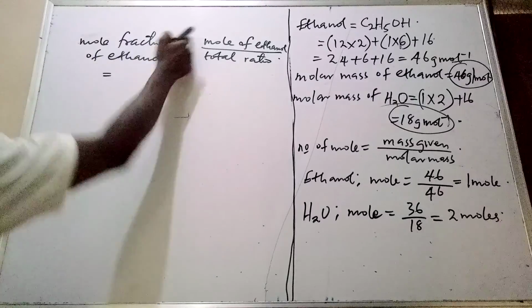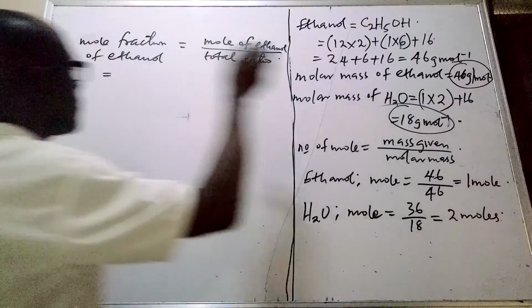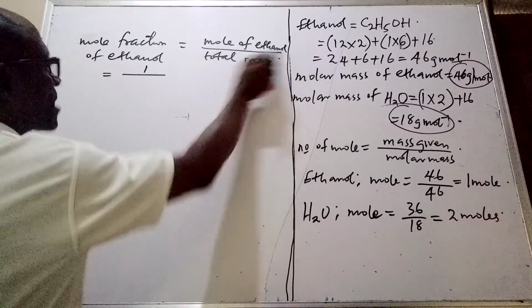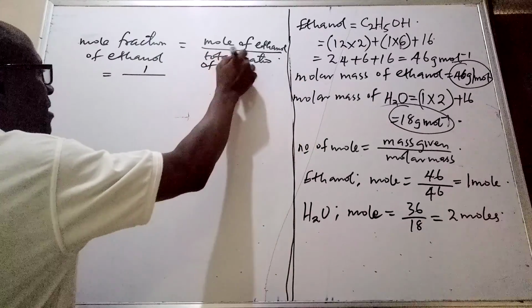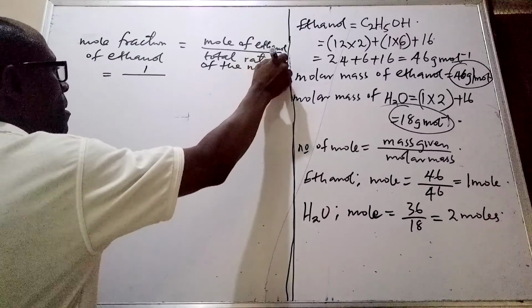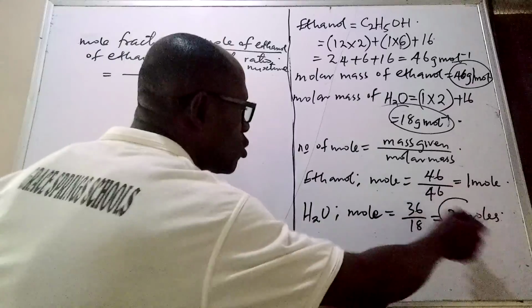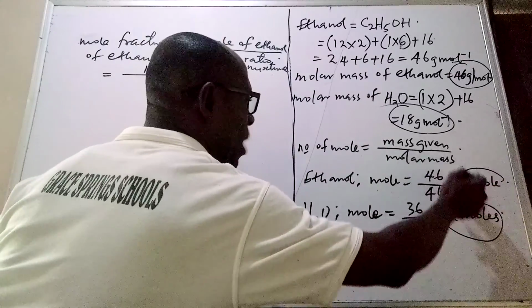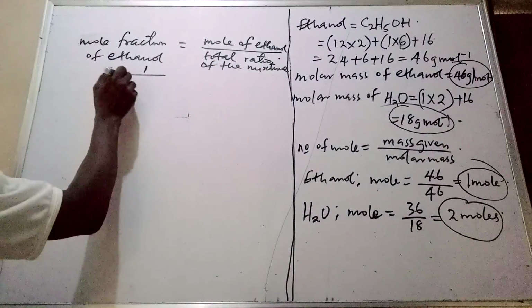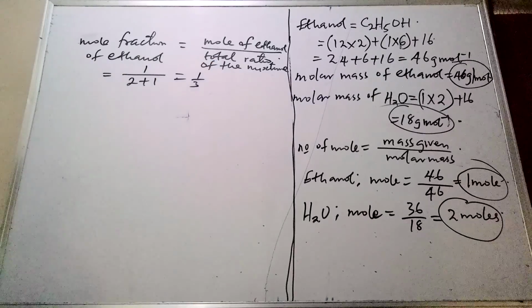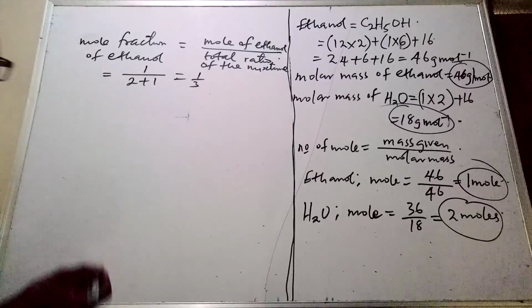And what is the mole of ethanol we got? 1. Total ratio of the mixture. Please take note of that. The total ratio of the mixture will be 2 moles of water plus 1 mole of ethanol. That will be 2 plus 1. That will give us 1 over 3. That's the mole fraction for ethanol.